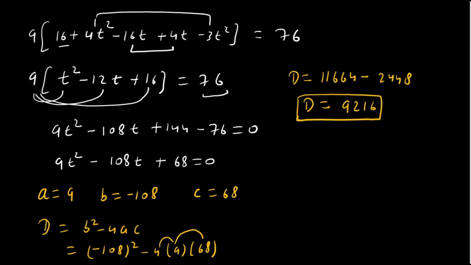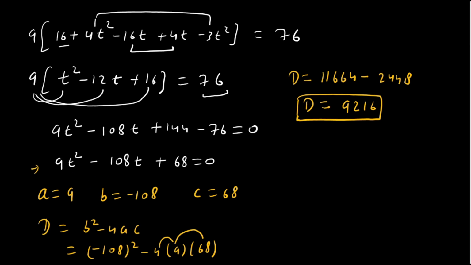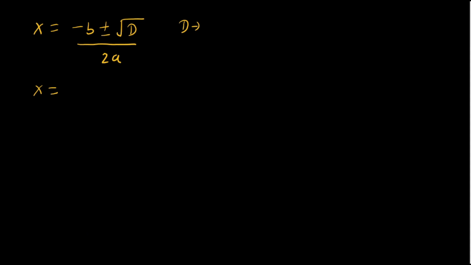Now we know the quadratic formula, that is x equals (−b ± √D) divided by 2a, where D is the discriminant. Now this quadratic equation is in terms of t, so this x is replaced by t.